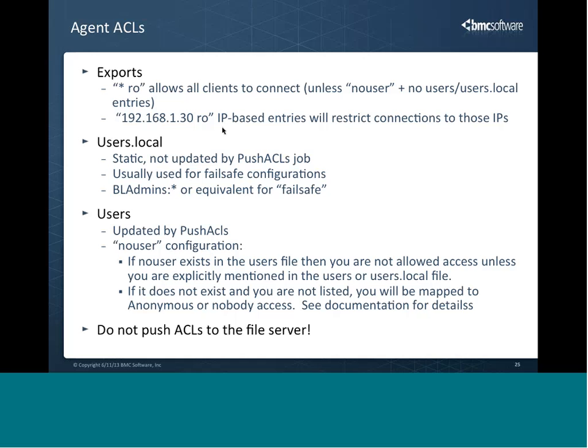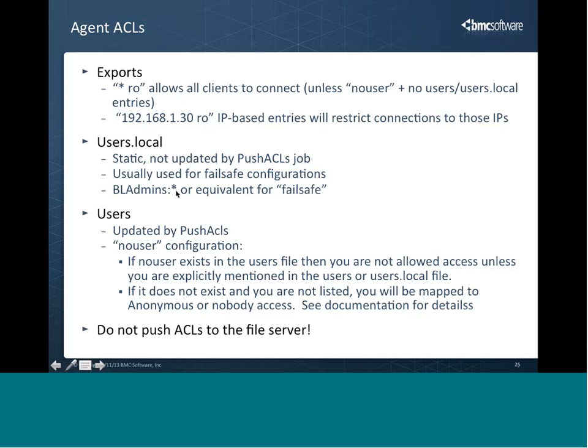Traditionally, in the older roles, in the older environments, you'll have BLAdmins: then a username or 2 usernames. As of, I think, 8.1 or 8.2, or maybe even older, we support the :* configuration. And what that basically means is anybody who connects through who has been authenticated as being in the BLAdmins role, any of those users will get mapped in correctly.